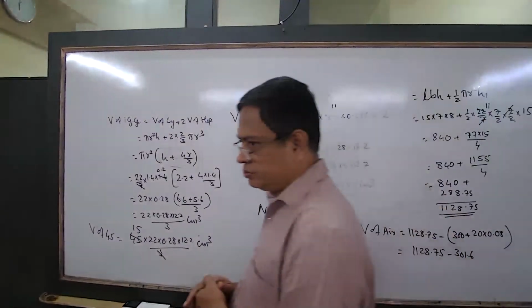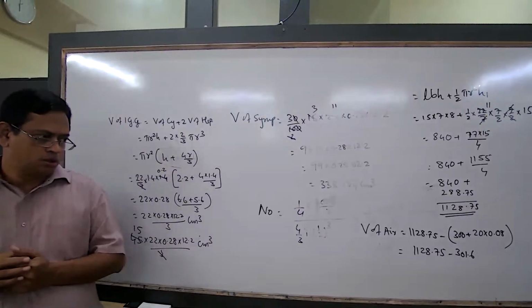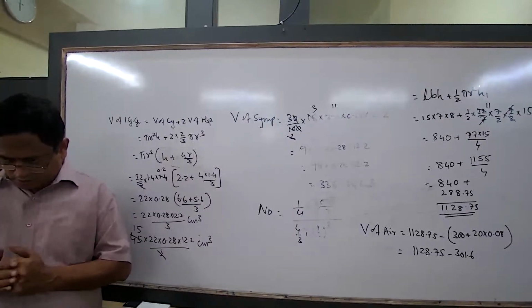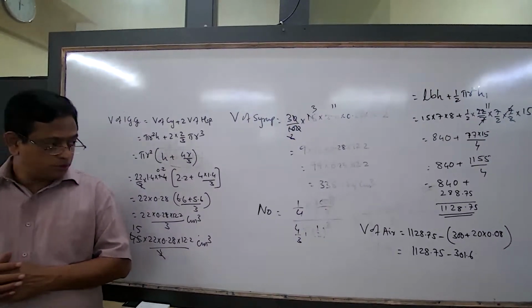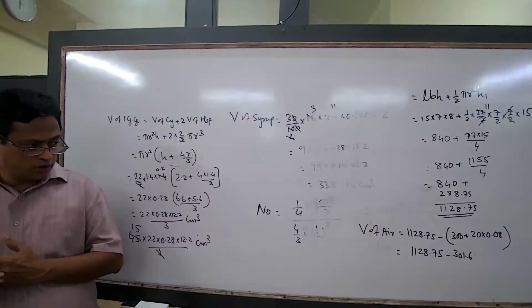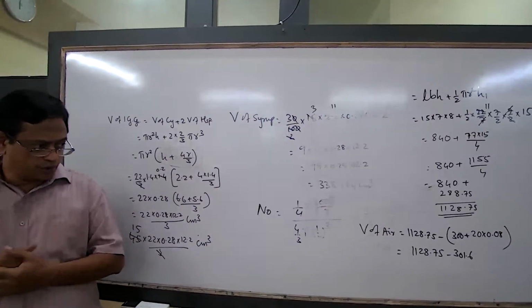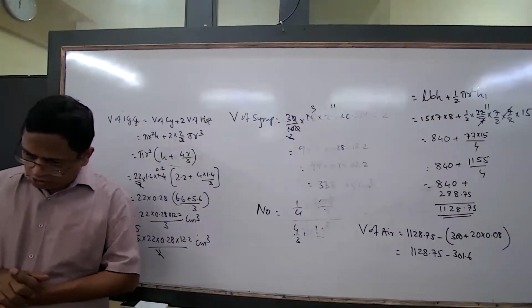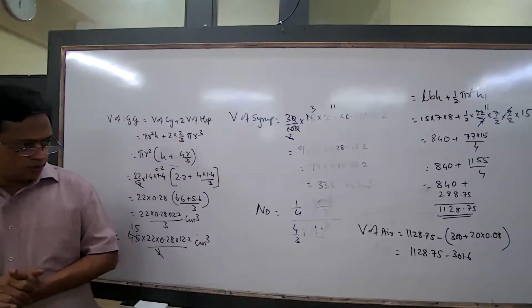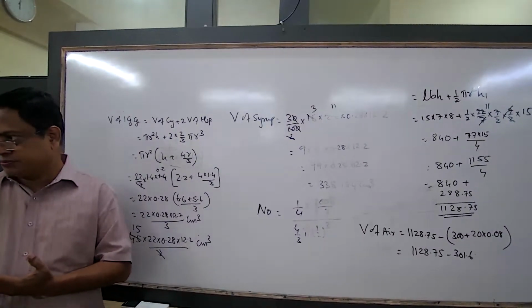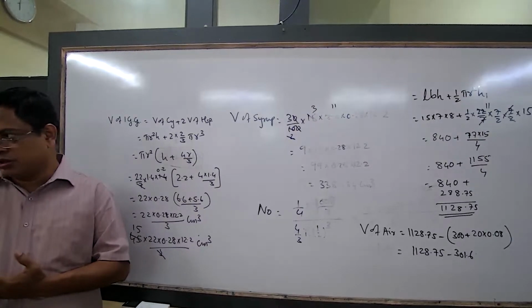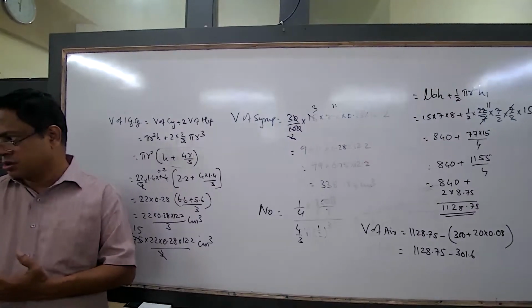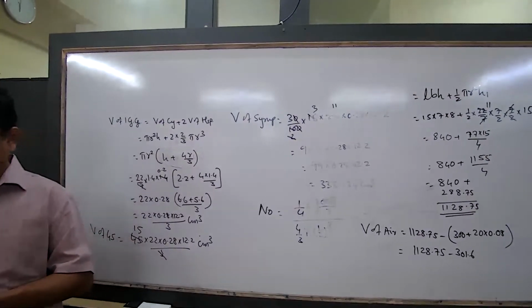Subtraction now. 300 is gone now. 827.15. 75 minus 8, 7.15 meter cube. 75 minus 60 is 15. 0.6 means 60, no?